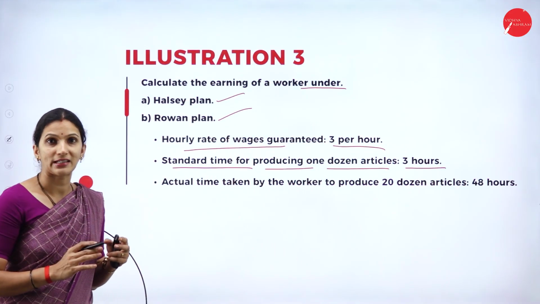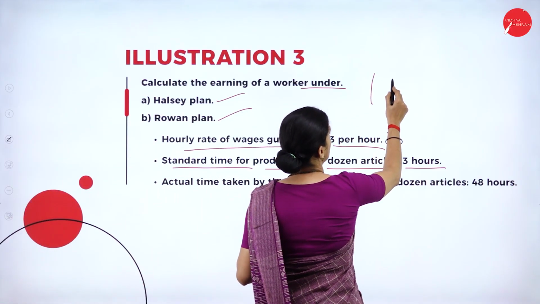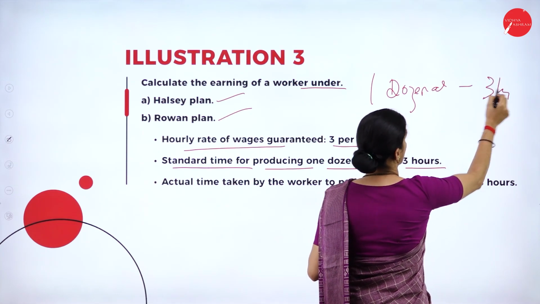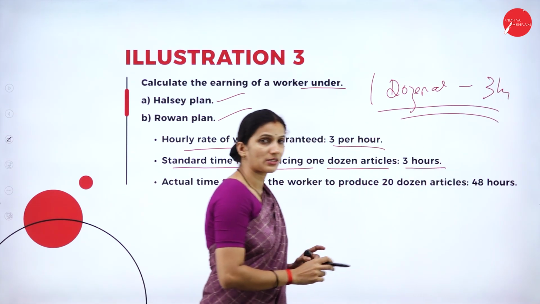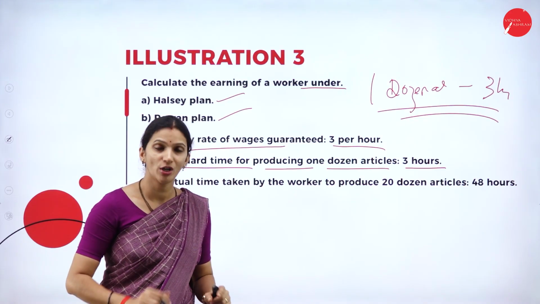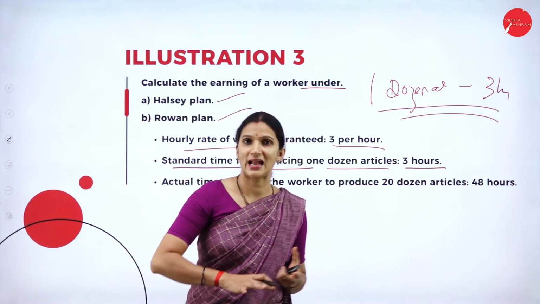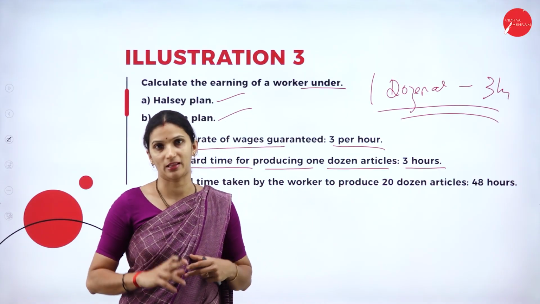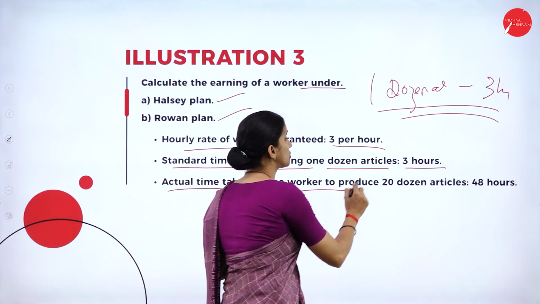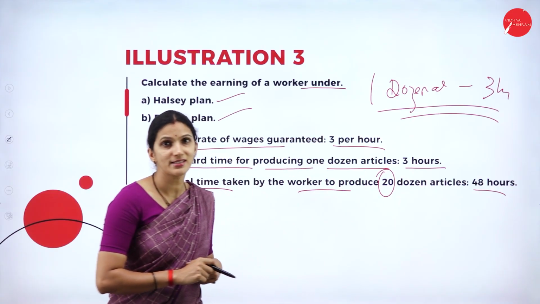So the factory or business has fixed the standard time for the worker: if he produces 1 dozen articles, the standard time required is 3 hours. Then the actual time taken by the worker to produce 20 dozen articles is 48 hours.